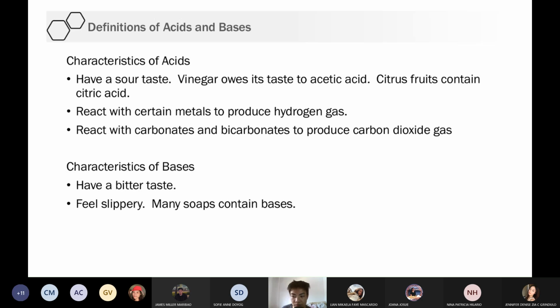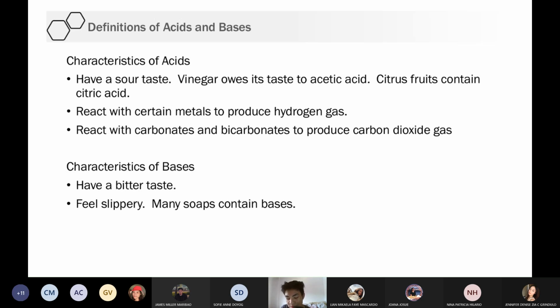So kapag pinaghalo mo yung dalawang yon, sabon yung magagawa mo. Yun yung ginagawa in the old times, mga before Christ era pa. Kaya until now, gano'n pa rin yung concept ng paggawa ng sabon. You just mix the fatty acid sa mantika with the sodium hydroxide and it will produce soap molecules.